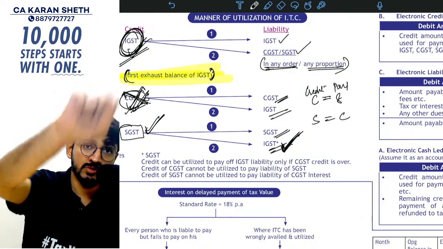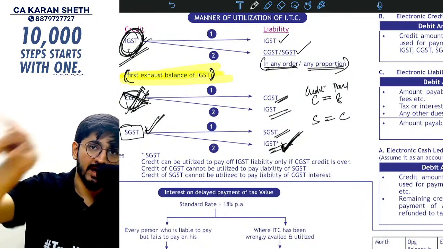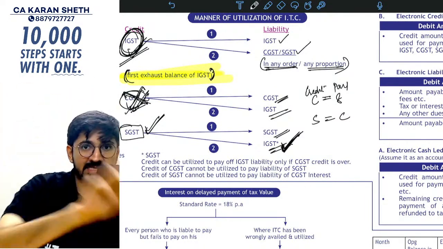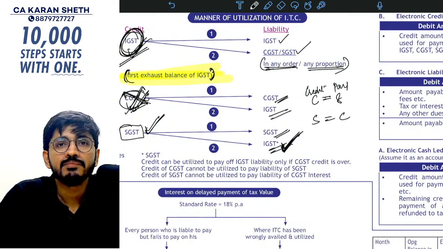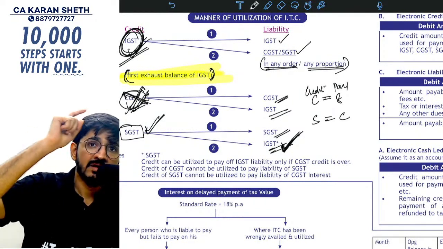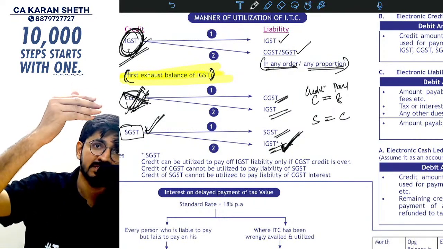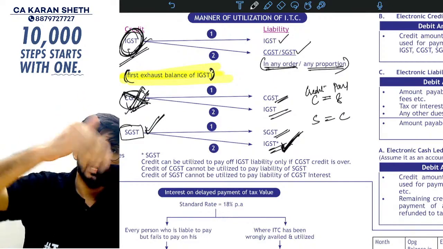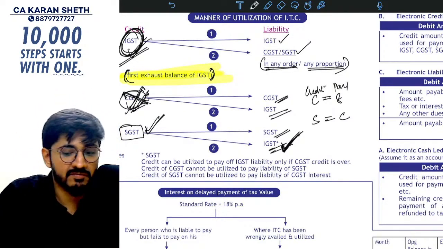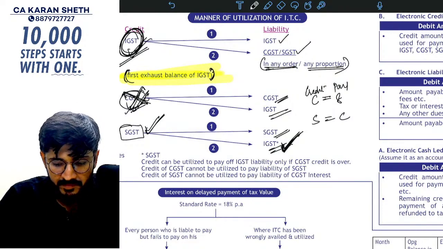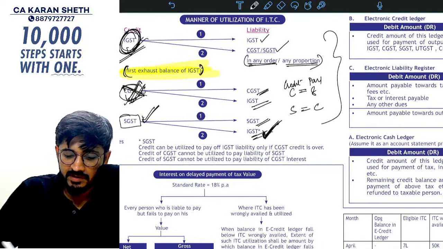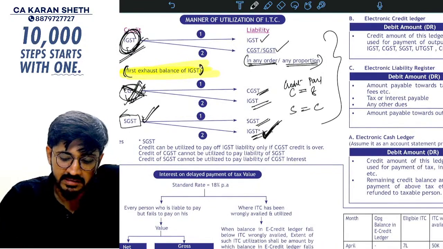If no, then use C credit to pay off I. And if the I liability still remains, use S credit to pay off I. But it can never happen that you are utilizing S credit while C credit still exists. Got it? Perfect. That's it. So that, my dear friends, is the manner of utilization of ITC.